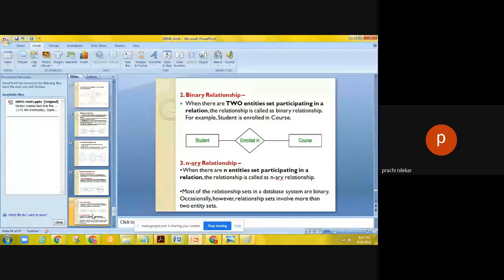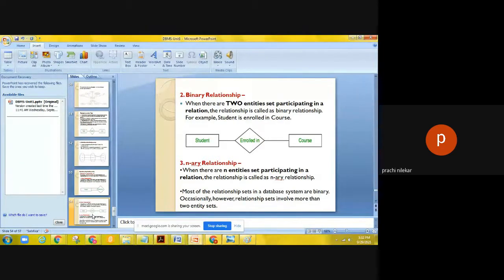Now, next one is the binary relationship. See, as the name suggests, binary, that is two. When there are two entity sets participating in a relation, the relationship is called a binary relationship. I will repeat.